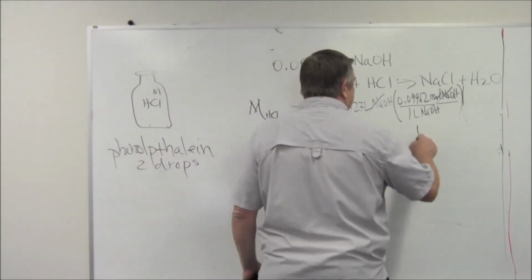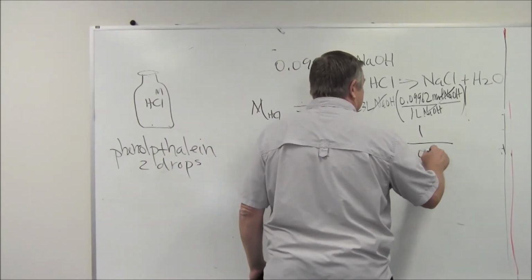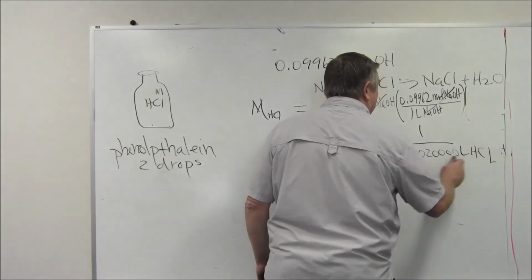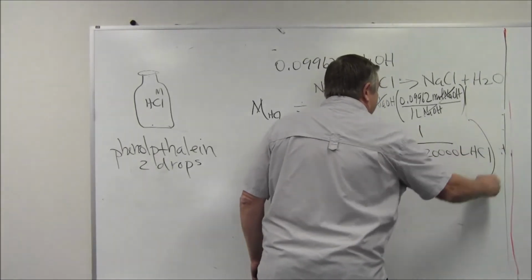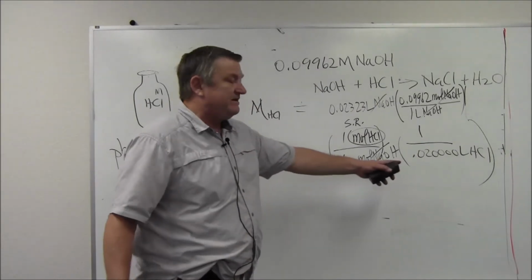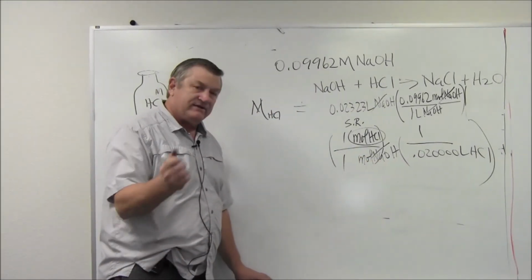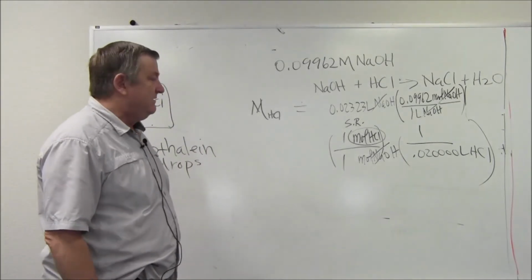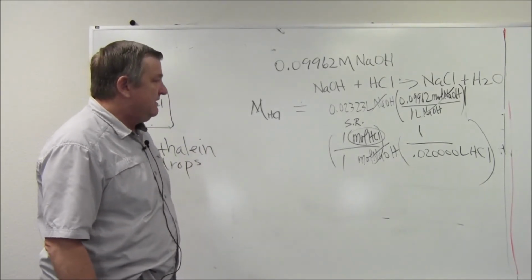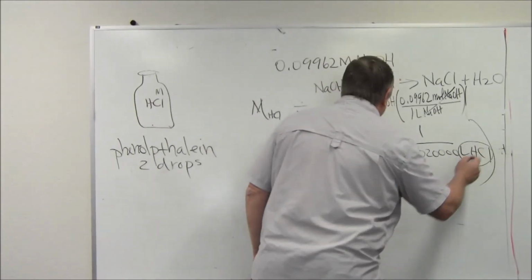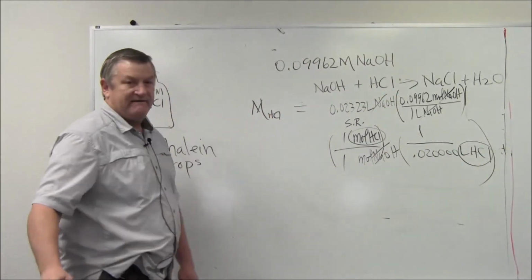And so I'll just put 1 over 0.020000 liters HCl. And I know this because that's how much I put in the Erlenmeyer. I determined that very accurately and dumped it in the Erlenmeyer flask, 20 mils exactly. So now I have moles of HCl per liters of HCl, and that's the definition of molarity.